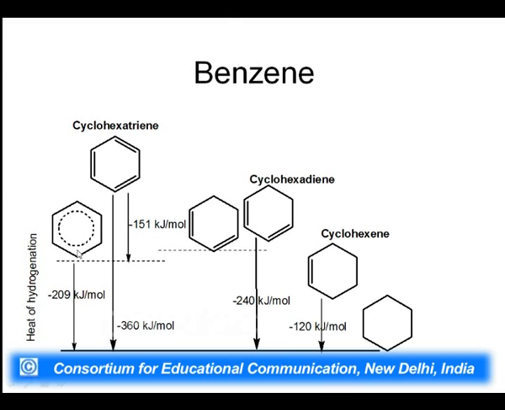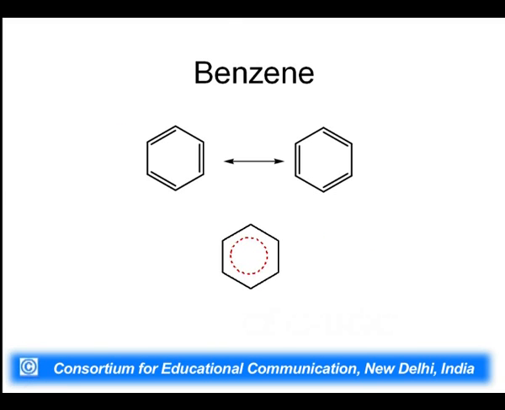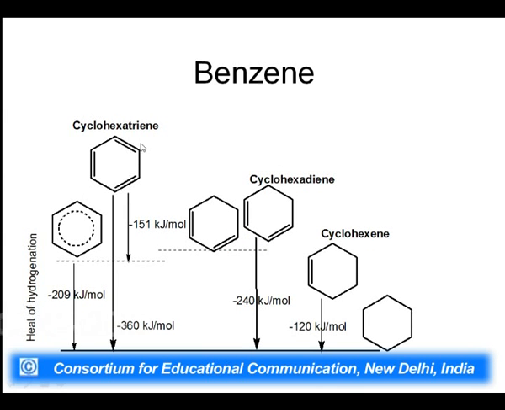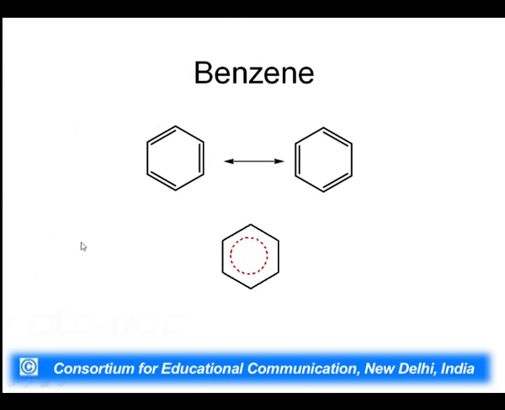So why are we talking about resonance? How come we showed a structure which has all the bonds delocalized as a circle here? I have placed a circle in this ring because one structure of benzene, which is a resonating structure, depicts a double bond here, the other one here and the third one here.